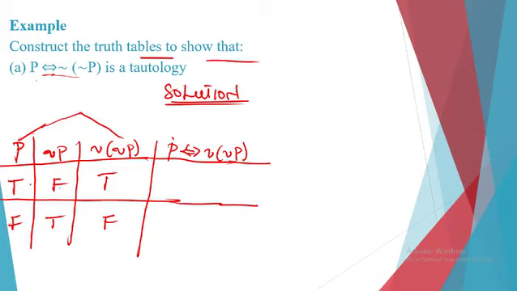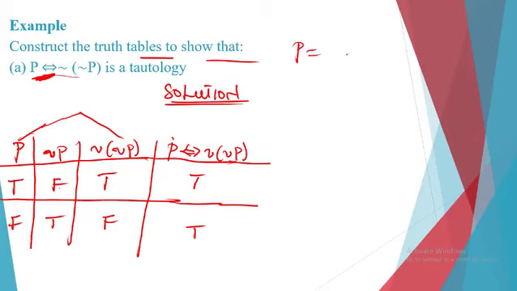If we have T, our answer is T, right? Then when we have F, our answer also is T.